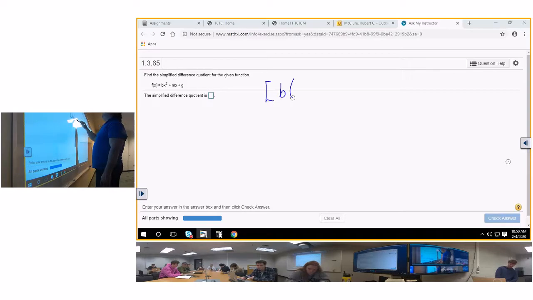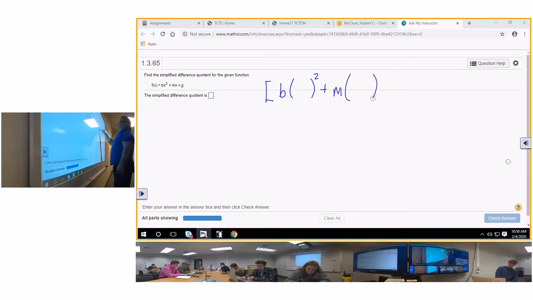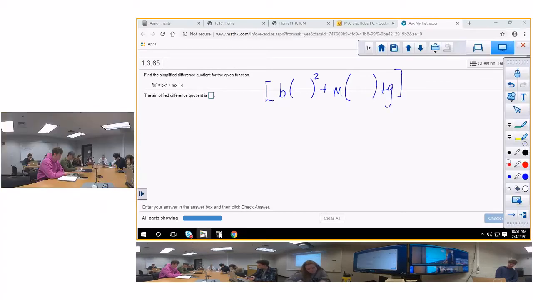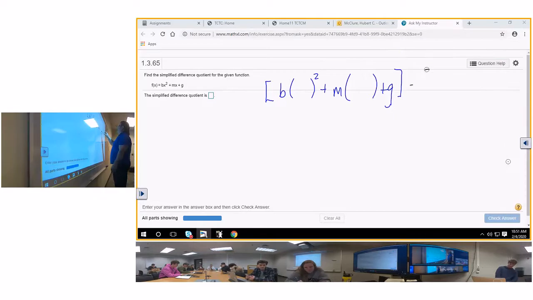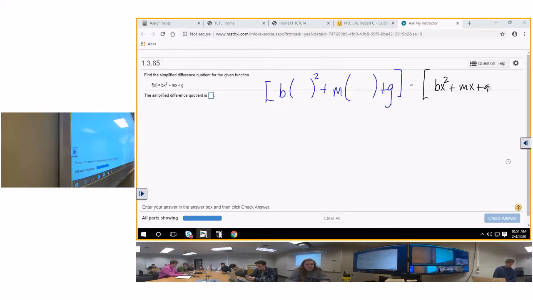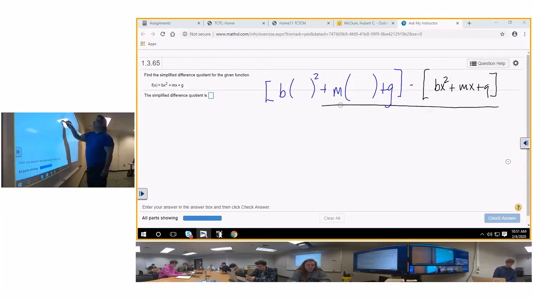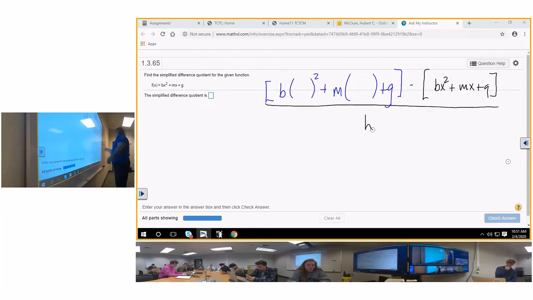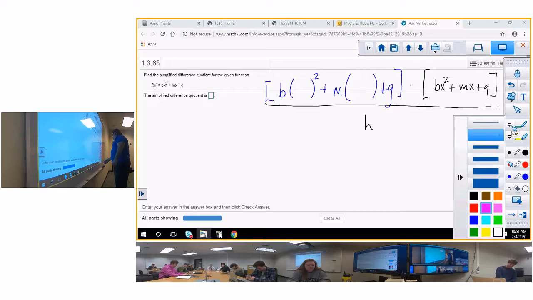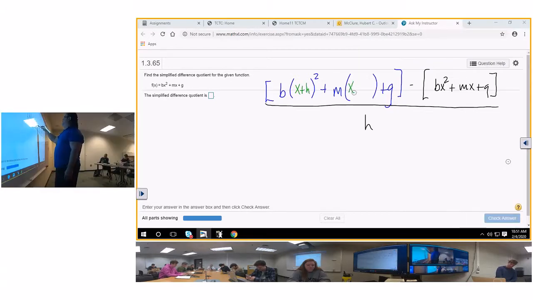B parentheses squared plus m times parentheses plus g minus f of x, which is bx squared plus mx plus g over h, and put x plus h right there and right there.